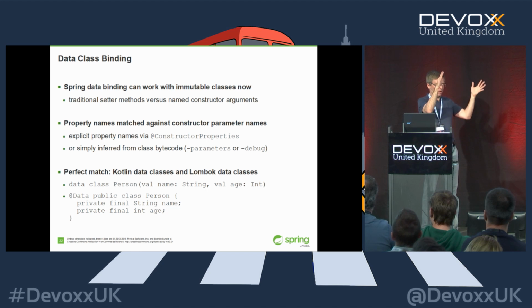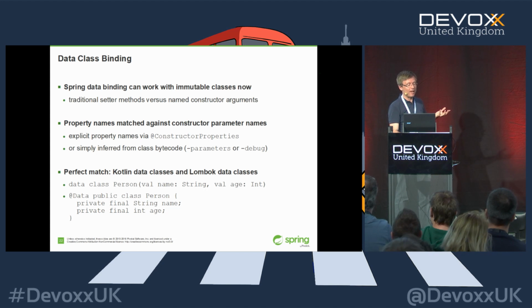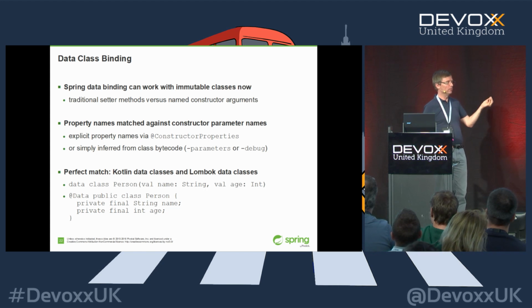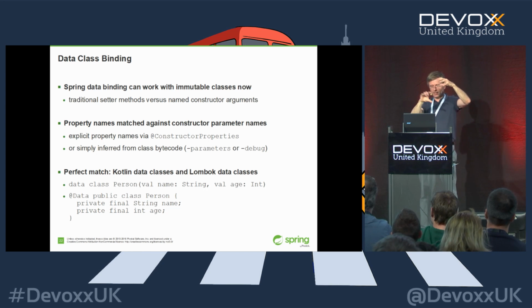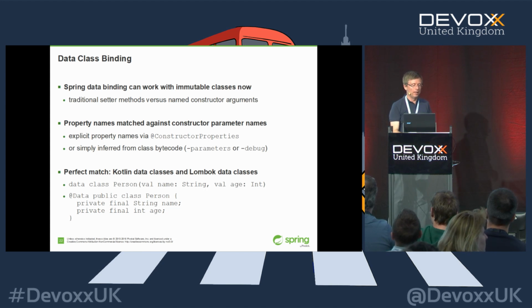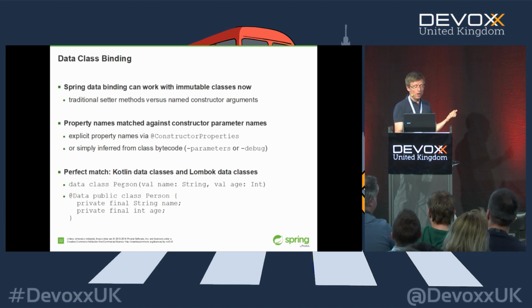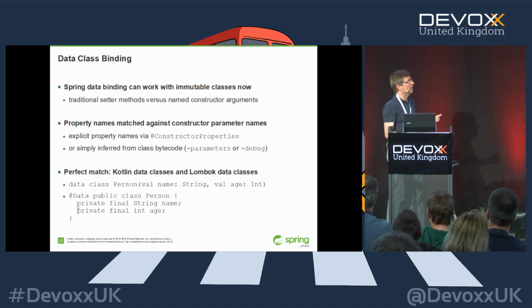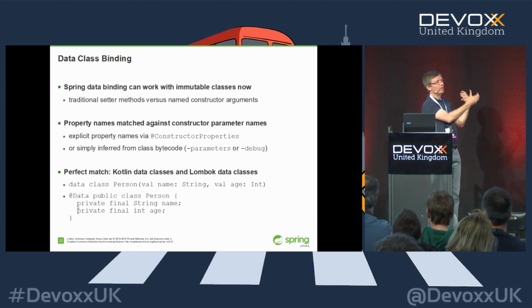Is it a default constructor with setter methods, our traditional way of populating that object, or does it not have a default constructor but have a unique primary constructor following a data class model, a single constructor taking all the elements, with just accessors for the rest? If it follows that convention, whether implemented in standard Java, through the Kotlin data class feature, or through Lombok's @Data feature, they all result in the same runtime convention. Our binding facilities know how to deal with them now.